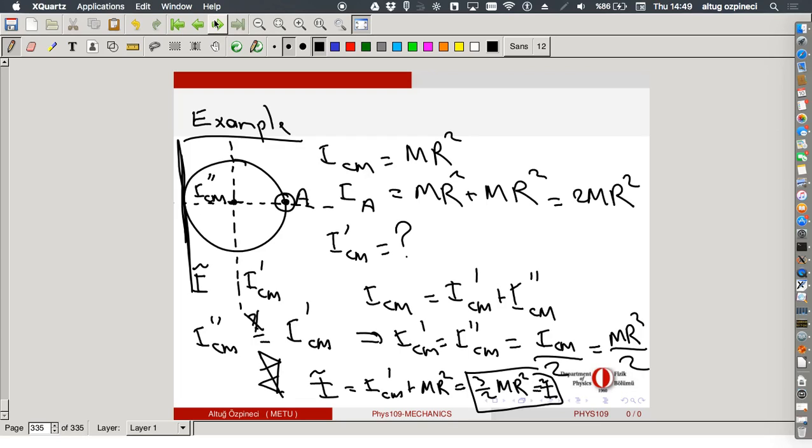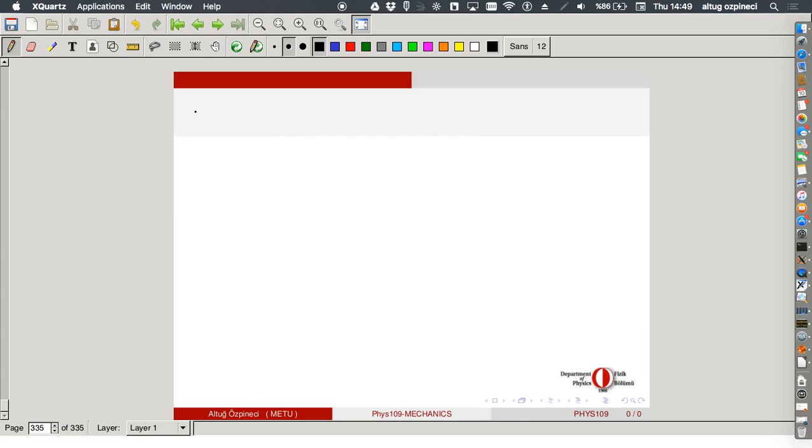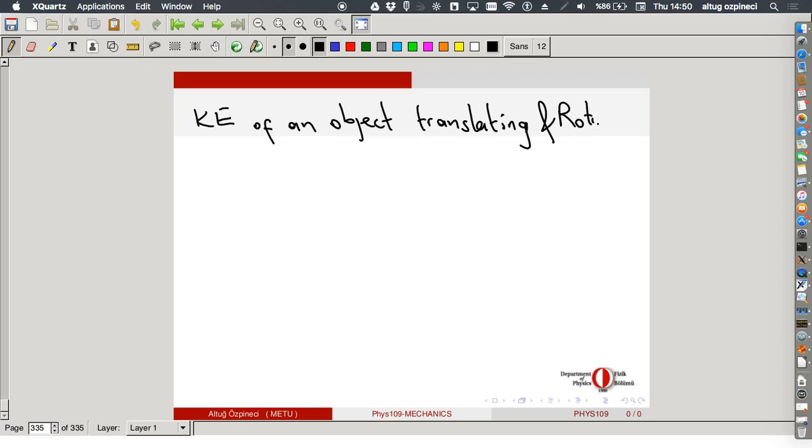Now, what I would like to do is study the kinetic energy of an object which is translating and rotating. So just imagine that you have this ball.